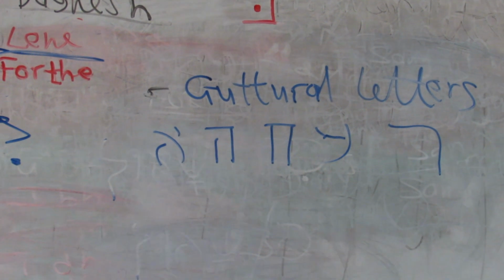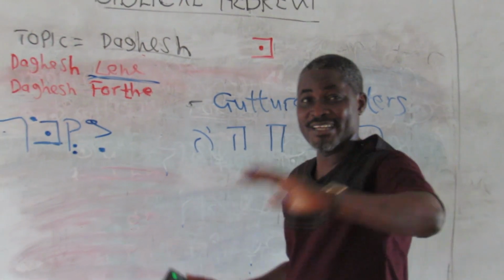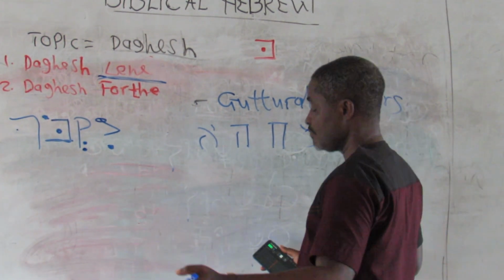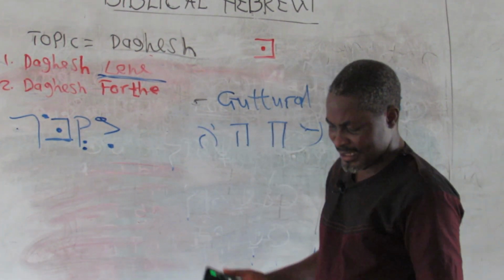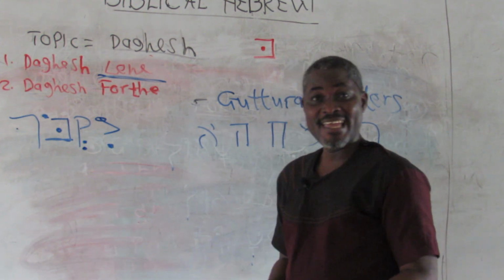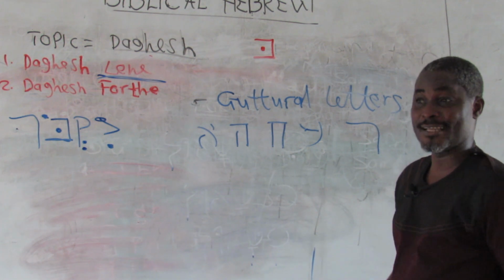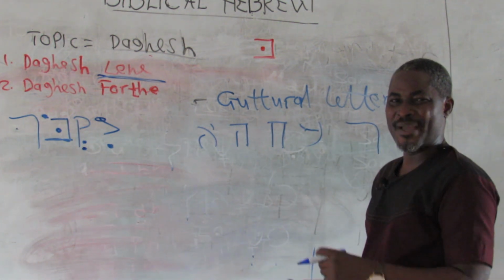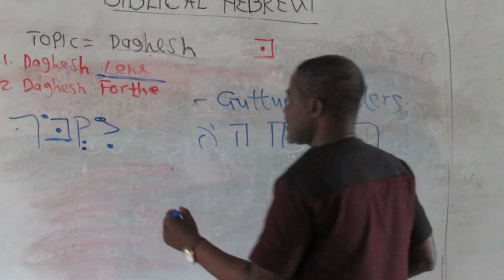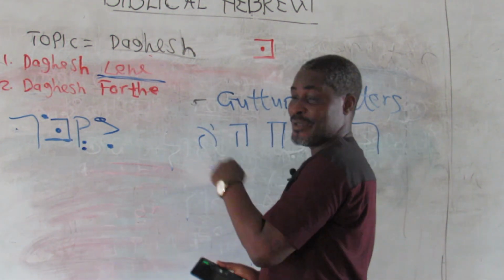Now let me come up again. Dagesh lini is applicable to only Begadkefat letters, which are 6 of them, which are Bet, Gimel, Dalet, Kaf, Pe, and Tav. But Dagesh forte is applicable to all letters to double them or to compensate. The doubling is compensation. So we have Dagesh forte compensative for a letter that has been dropped.